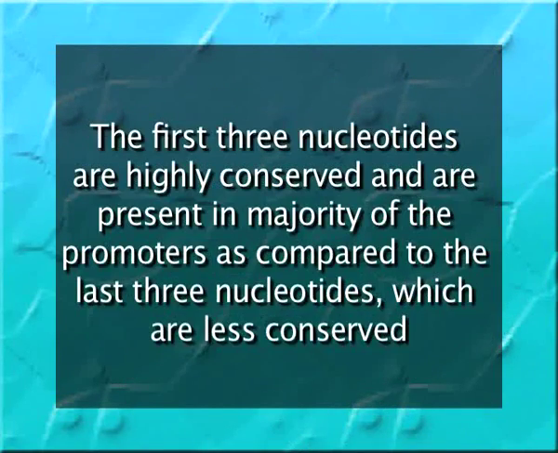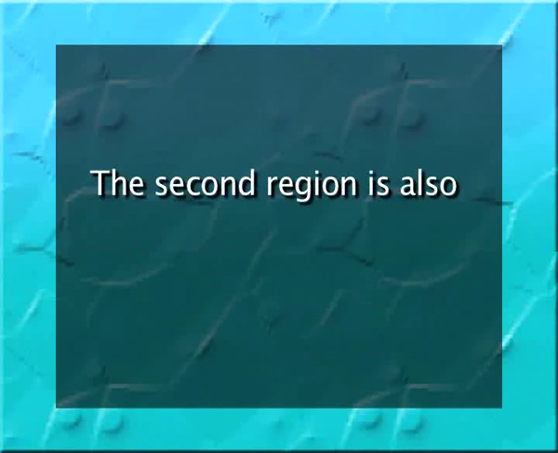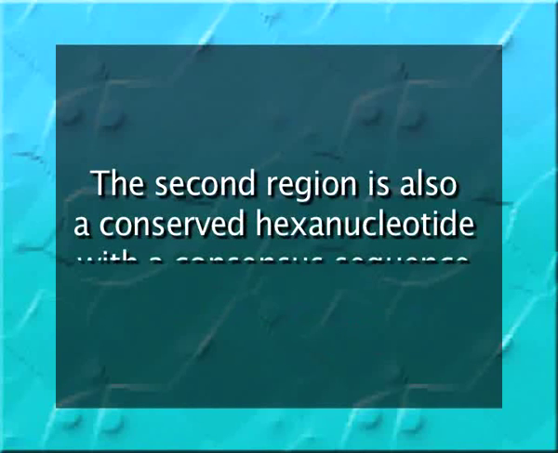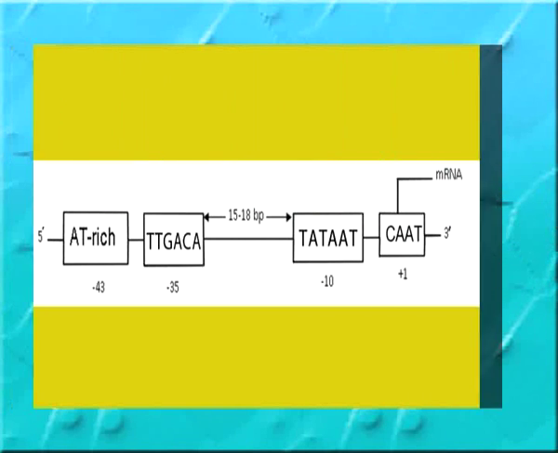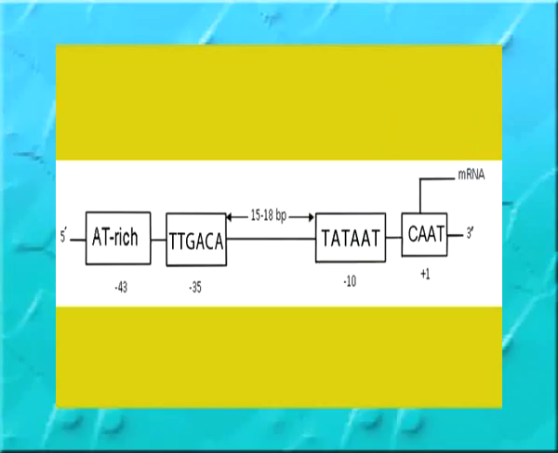The first 3 nucleotides are highly conserved and are present in the majority of the promoters as compared to the last 3 nucleotides, which are less conserved. The second region is also a conserved hexanucleotide with a consensus sequence TATAAT. It is also known as the -10 region or the Pribnow box.